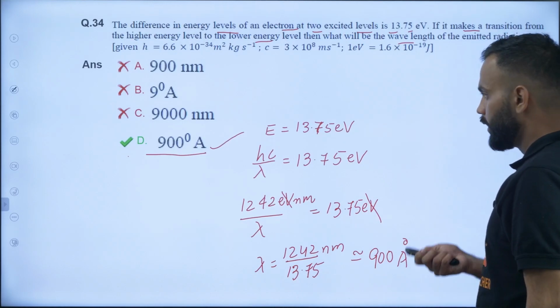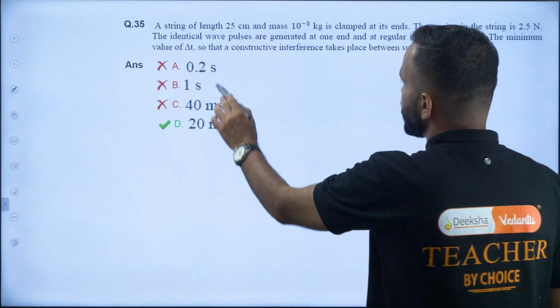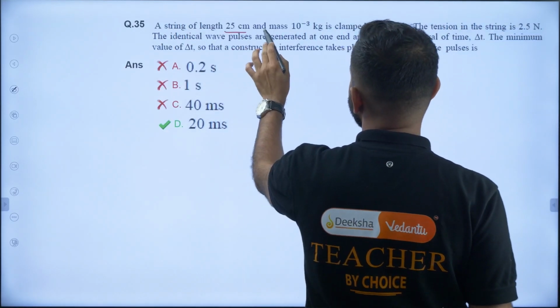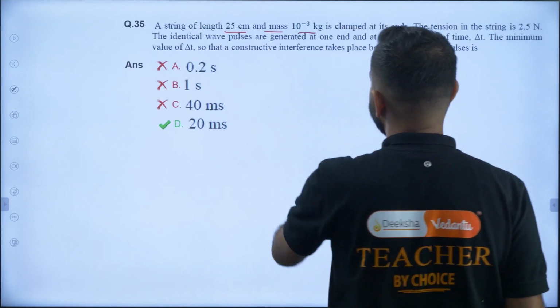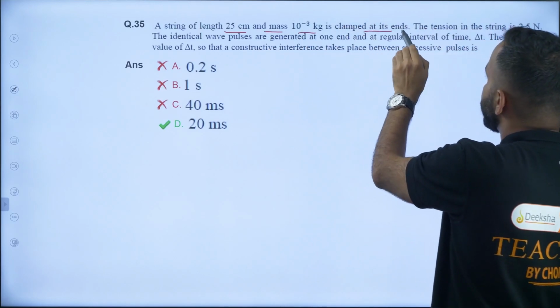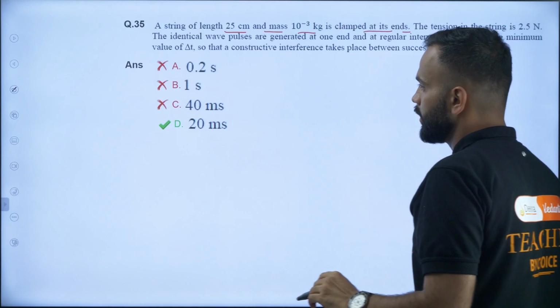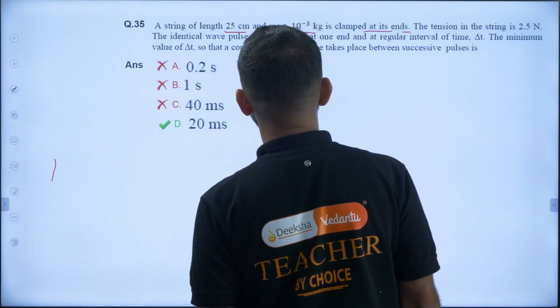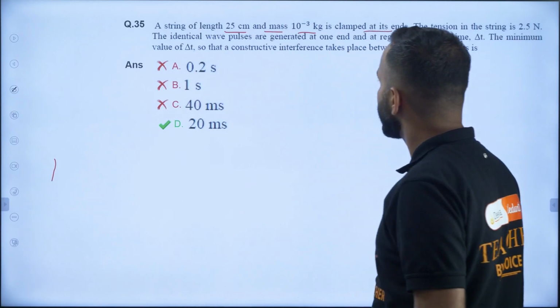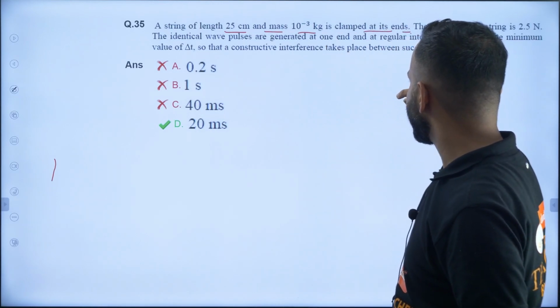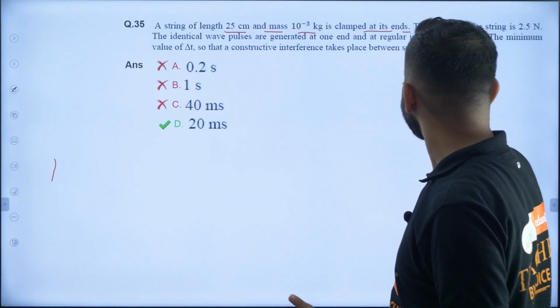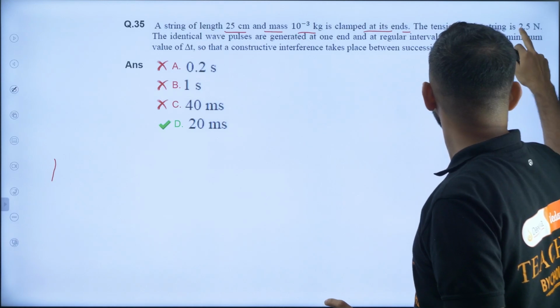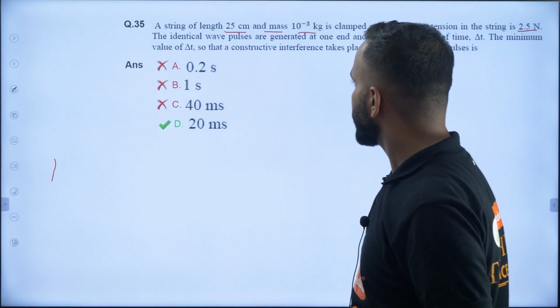Question number 35. A string of length 25 centimeter and mass 10 to the power minus 3 kg is clamped at its ends. The tension in the string is 2.5 Newton.